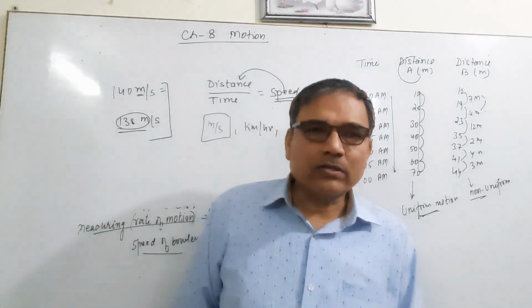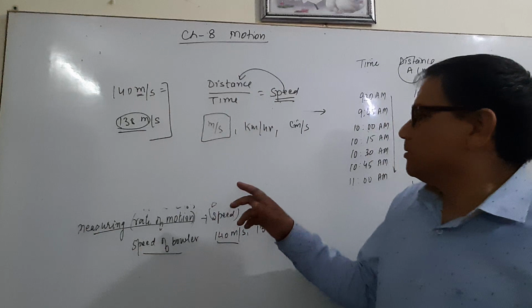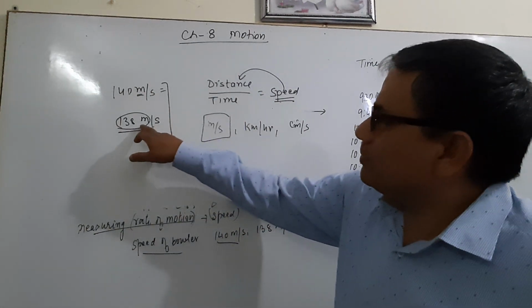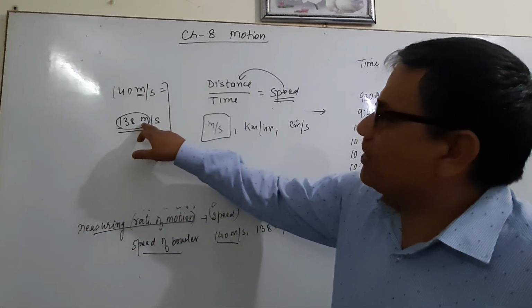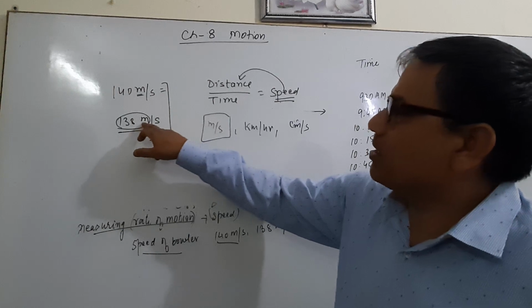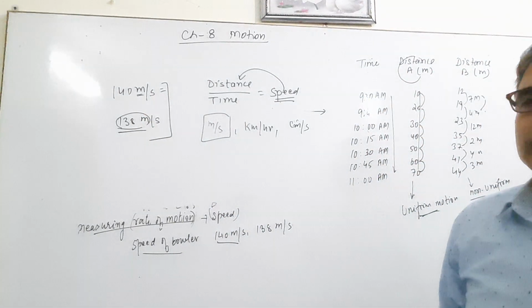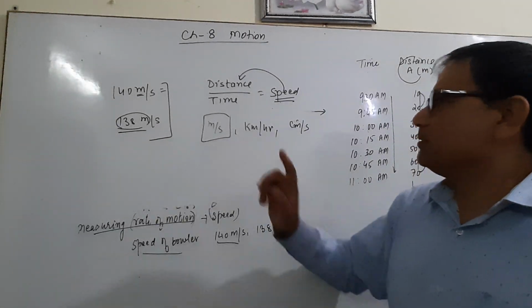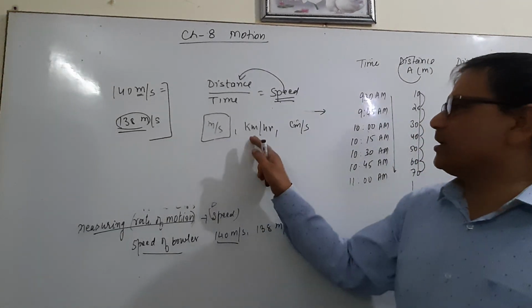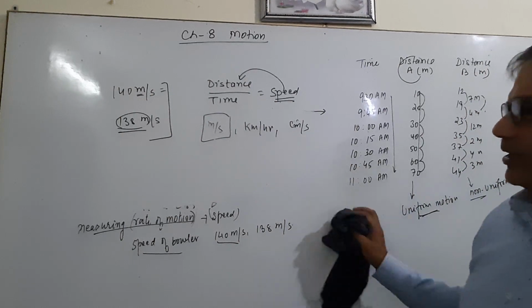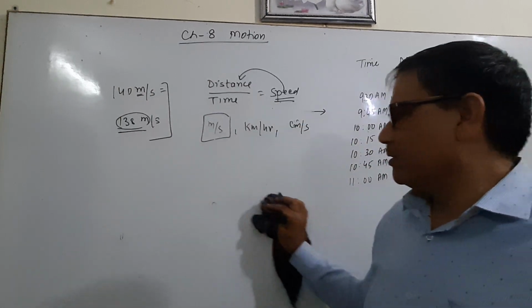Why? Because their distance covered in a given interval of time is not the same. And where the units are meter per second, kilometer per hour, centimeter per second, can we change these?